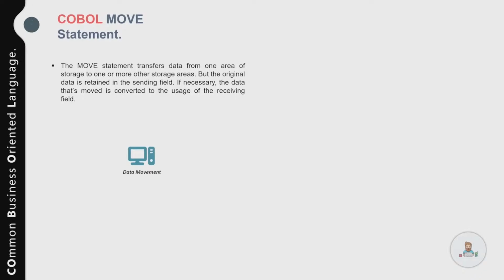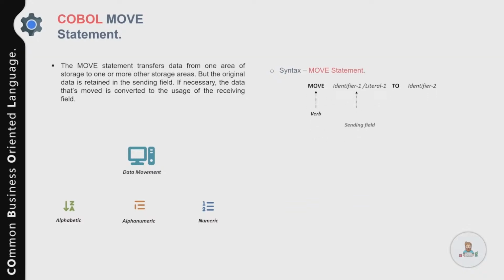Now, when we talk about data movement, there are three different categories: alphabetic, alphanumeric, and numeric. And remember, when a field is moved to an alphanumeric edited or numeric edited field, the field is called edited. That means the data is converted to a more readable form. But when a field is moved from a numeric edited field to a numeric field, the field is de-edited.